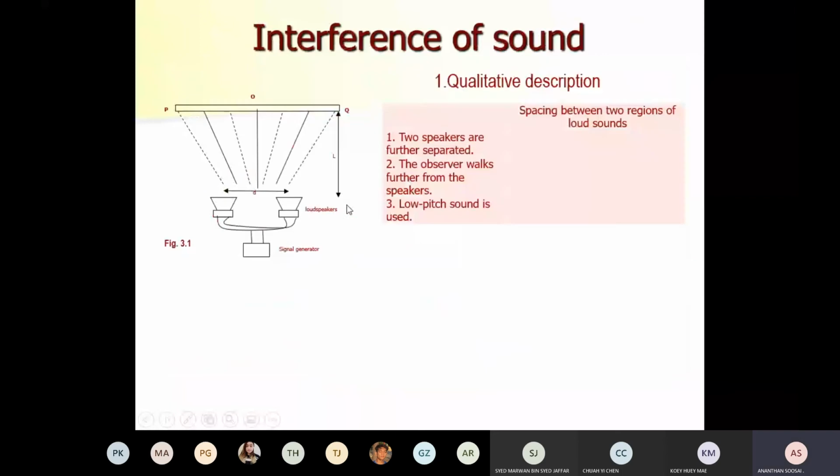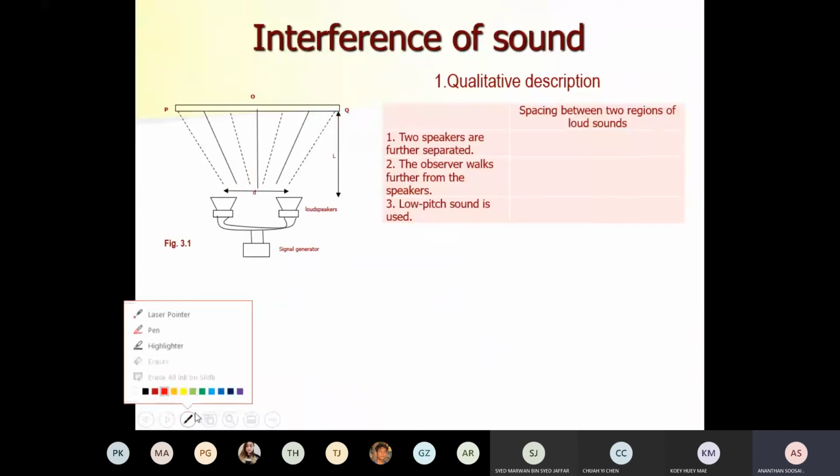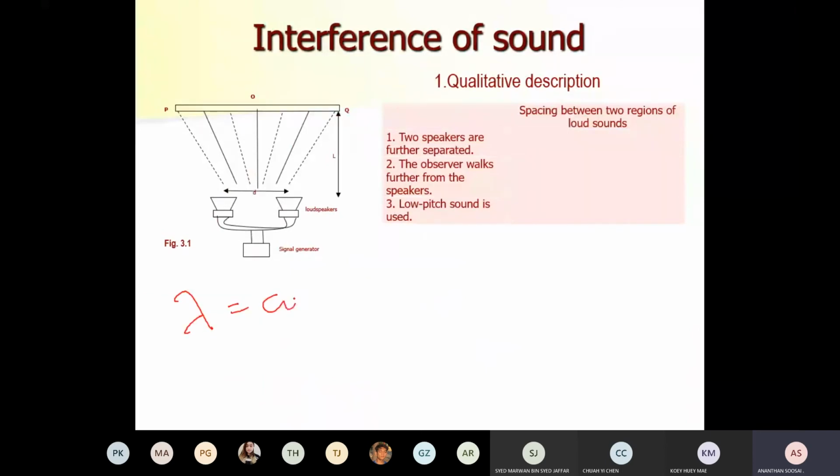Interference also happens in sound. If it's sound, two speakers are given as sources, and the formula still works. The formula is still lambda equals AX over D. Here A, of course, is the distance from one speaker to the other speaker. These two are the sources.